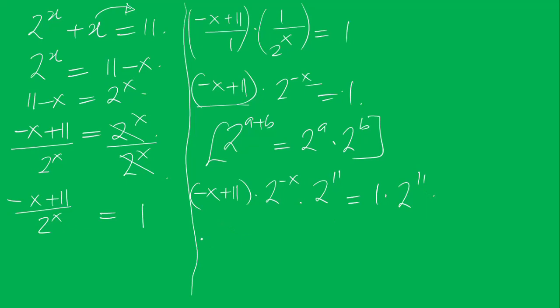Now it will be minus x plus 11 times 2 to the power minus x plus 11 equal to 2 to the power 11. I've just added the powers, so I've made this equal to this. That is what I want to achieve.